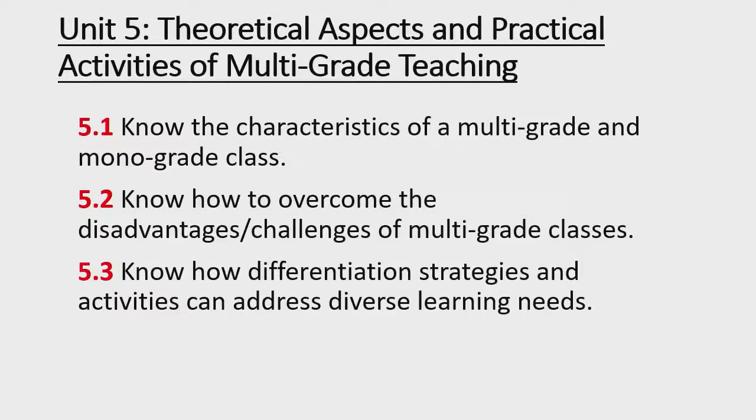For example, grade 2 and grade 3 together, you mix and then you teach. This is mostly in remote areas where learners are few. And then a mono-grade class is only one class, like for instance a grade 1 class only, or a grade 2 or a grade 3. So you should know the characteristics of both.